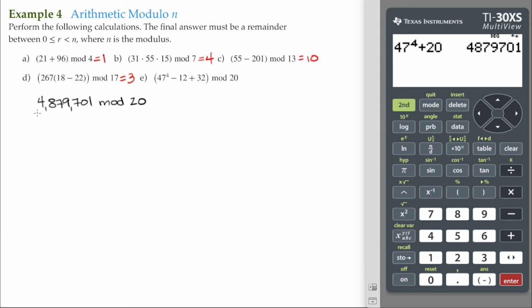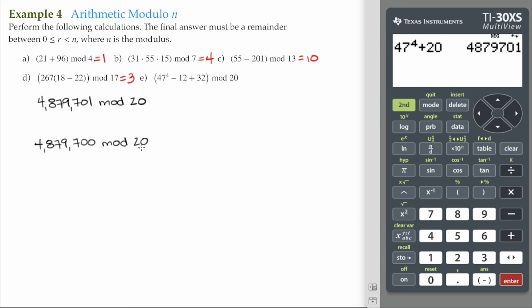Now, rather than this being 4,879,701, what if this was 4,879,700 mod 20? I know 10 divides into this because it ends in a 0. So that means I have 487,970 tens inside here.